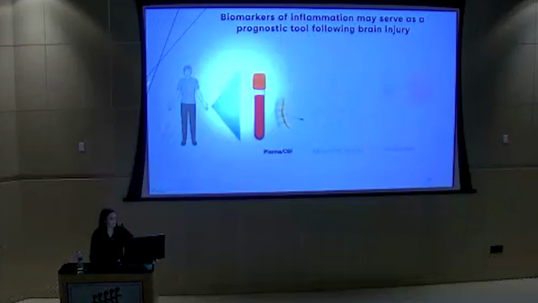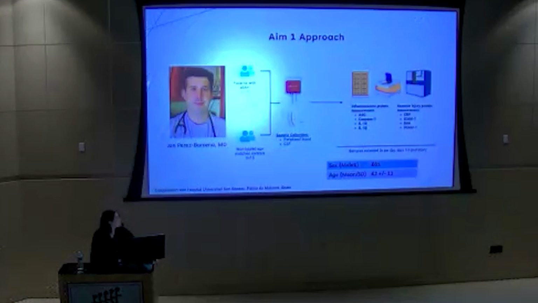So in this study, we are looking at plasma and CSF. This was a collaboration with a hospital in Spain. So we have 15 patients with aneurysmal subarachnoid hemorrhage. It's 60% male, and the mean age is 62, standard deviation of 11, so it's a pretty even cohort.